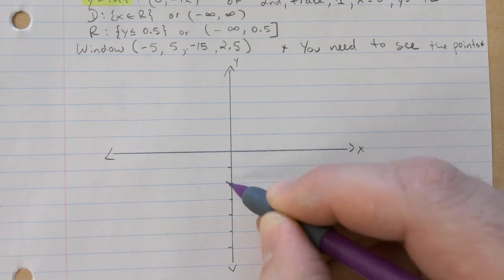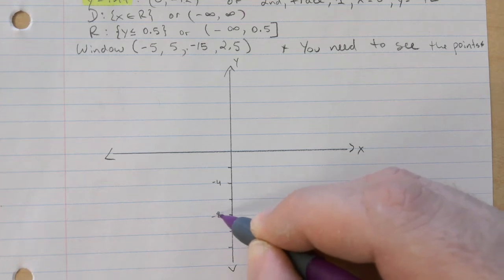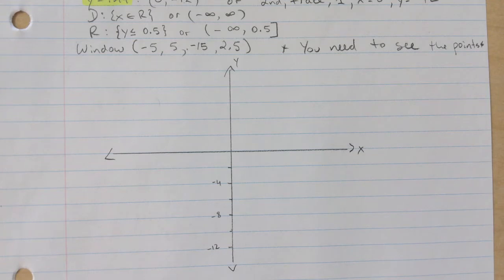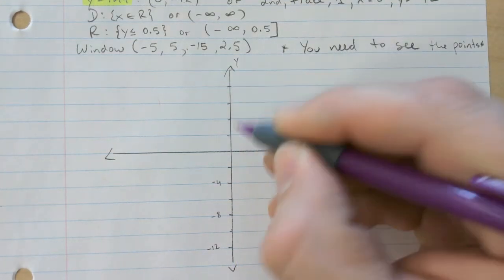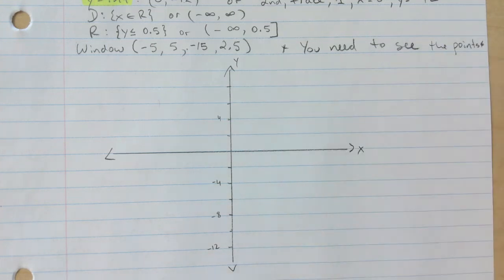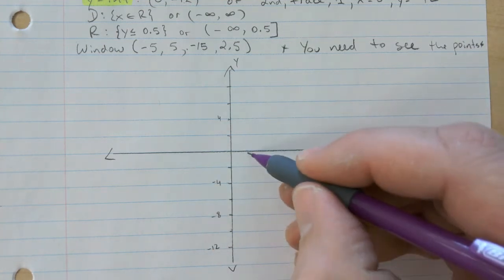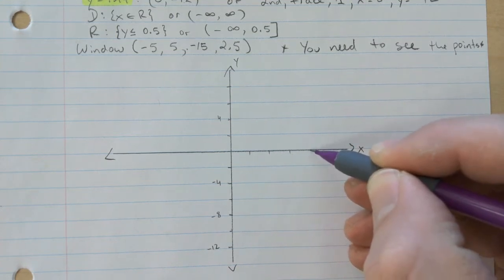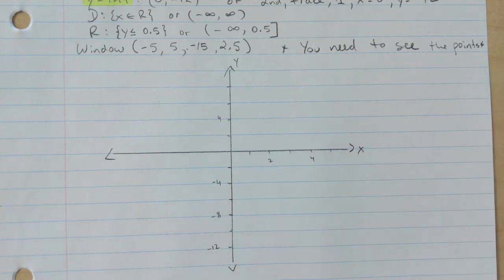So if I go 2, 4, 6, 8, 10, 12, right? That works out for me. And again, 2, 4, just one like that, labeling one up here is fine. And along the x-axis, I can use a scale of 1, no problem. So 1, 2, 3, 4, 5. I'm going to label every other one.